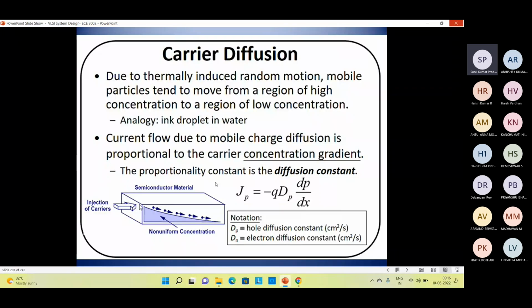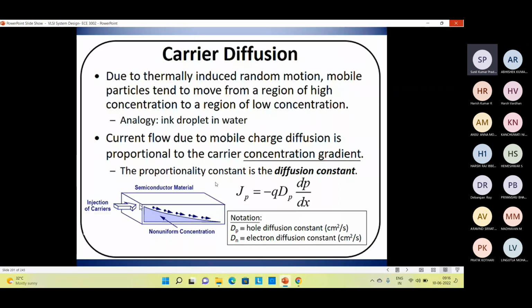Now diffusion means there is a concentration gradient, that is, a concentration gradient of electrons. So the electrons will move from higher concentration to lower concentration. That is actually the concept of diffusion.